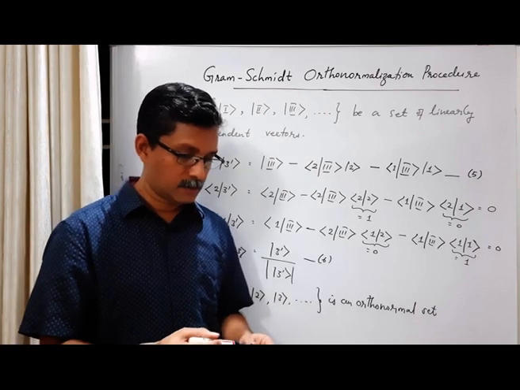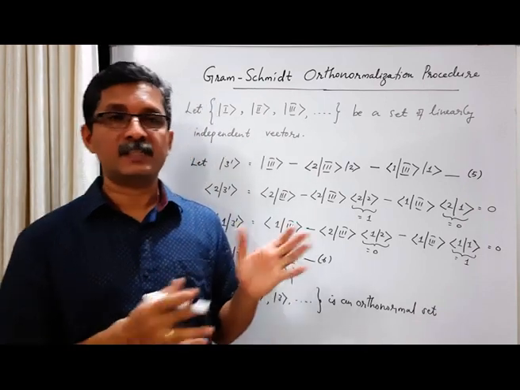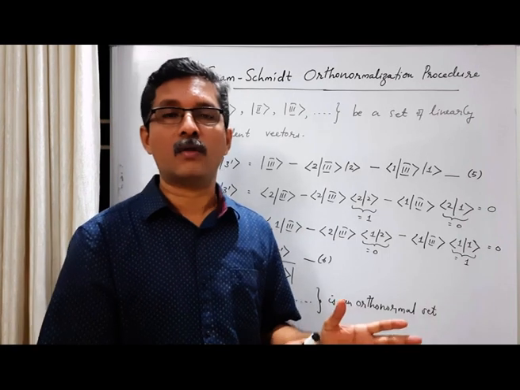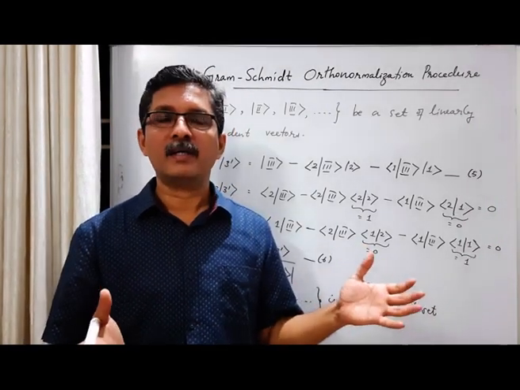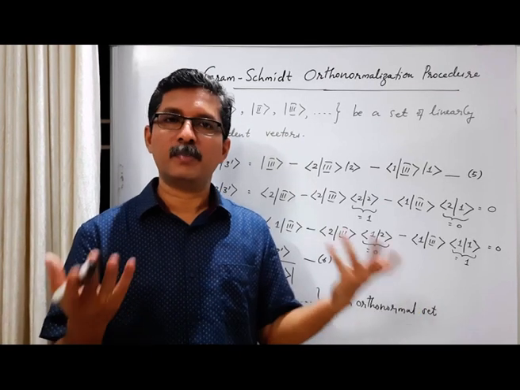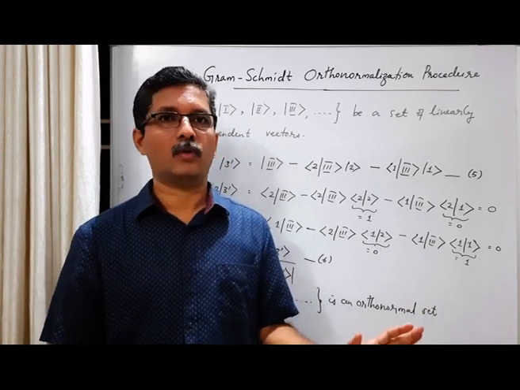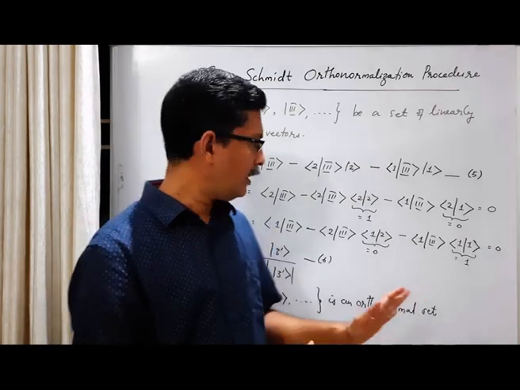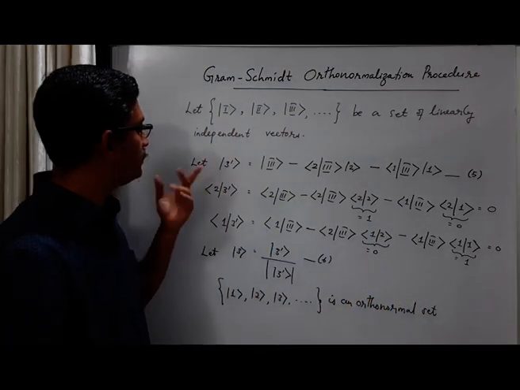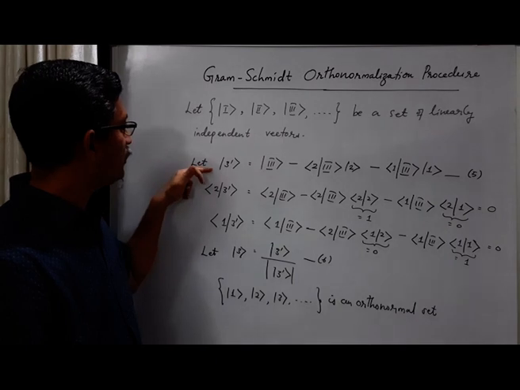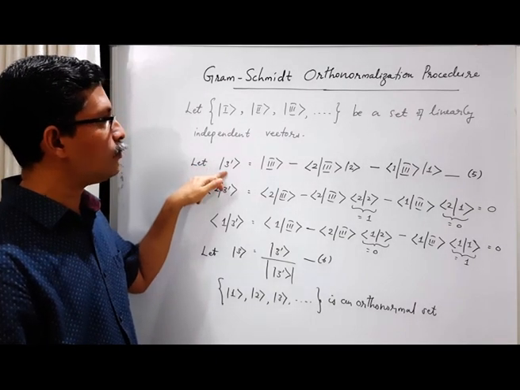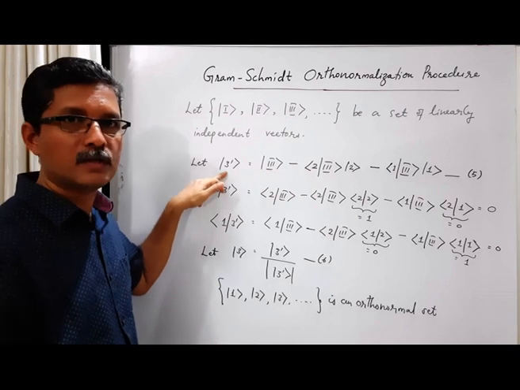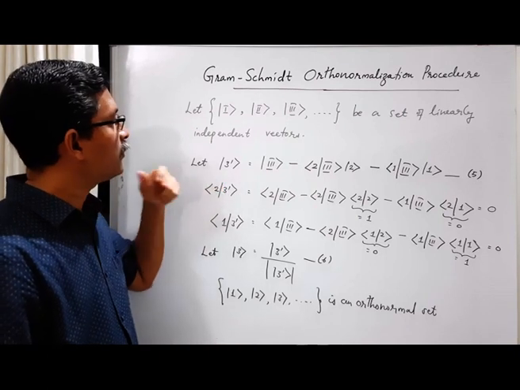So since it is guaranteed that we can construct an orthonormal set from a linearly independent set, whenever we have a linearly independent set of vectors, we can simply assume that they are also orthonormal sets. Okay, and if we look at these new vectors, |3'⟩ for example, they are linear combinations of the old set of vectors.